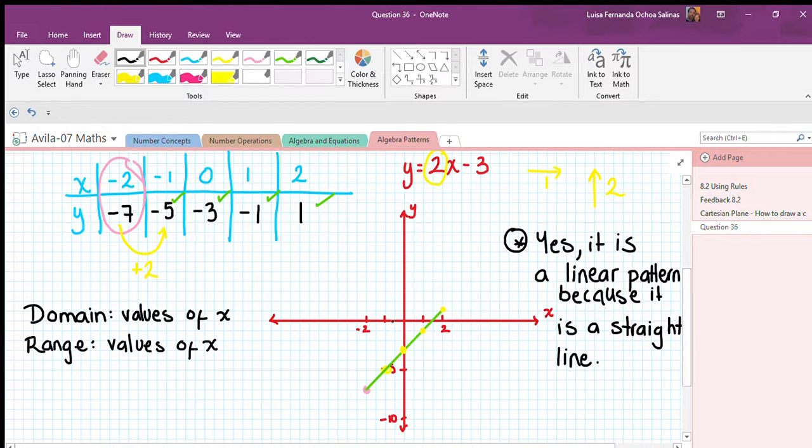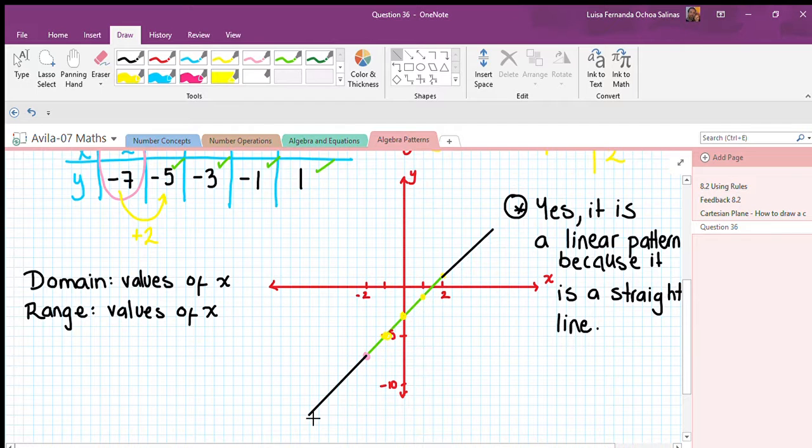So remember that before I said that we can extend this line forever and ever. So I can continue going with this line here, as long as I continue with the same pattern. And I can continue with this line down here, as long as I continue with the pattern.